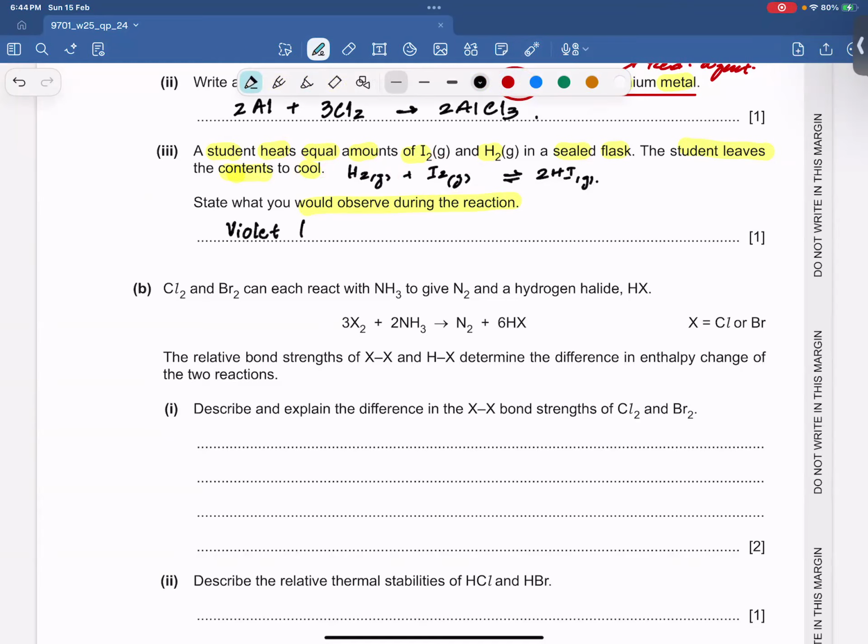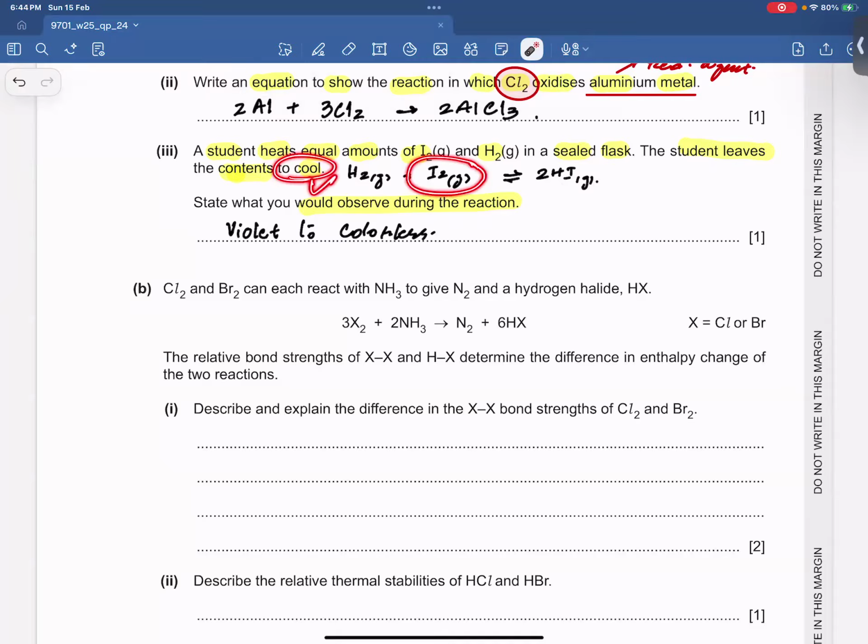Because when you cool down the content, which means you are decreasing the temperature, obviously gas will turn to liquid or even solid. So obviously this violet color turns to colorless, okay?